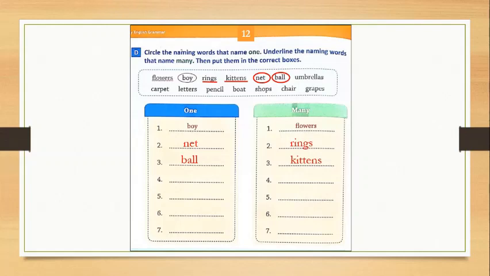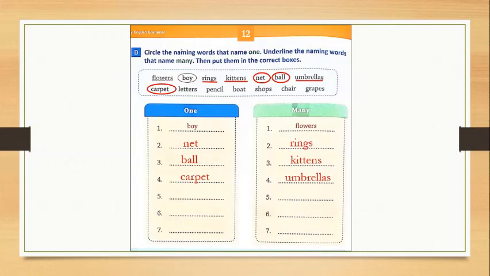Next is umbrellas. Umbrellas is a naming word for many. So we will underline umbrellas and write it in the second column. Next word is carpet. Carpet is a naming word for one. So circle carpet, put it in the first column.